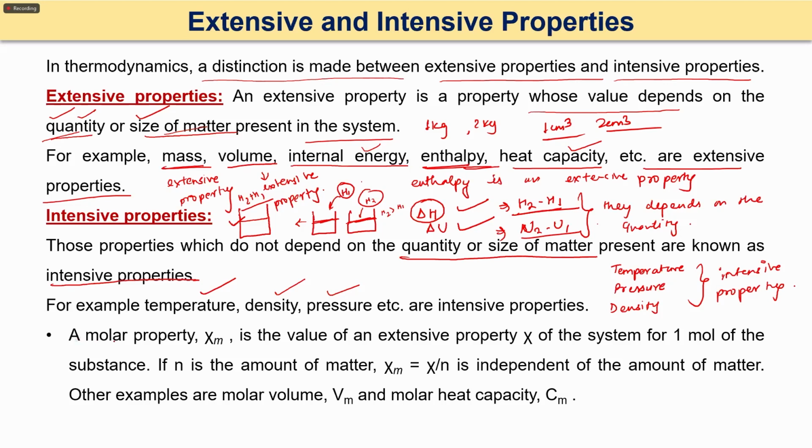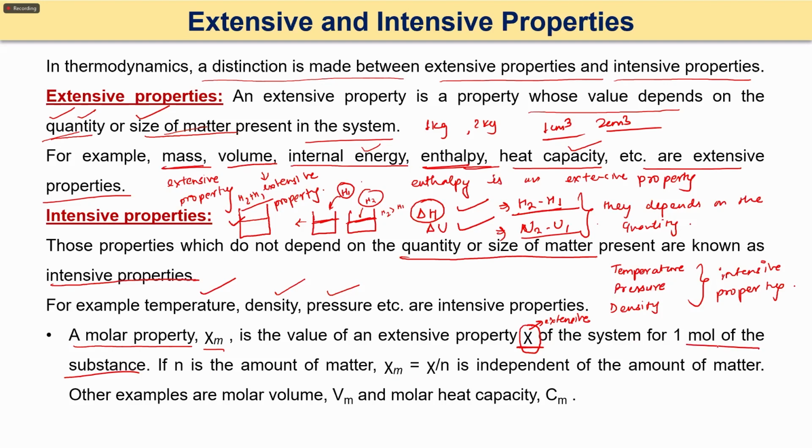Now it is written that a molar property, chi m, is the value of an extensive property. Let's say chi is a property which is extensive. Now if we take the molar value, for 1 mole of substance, that means you are fixing the number of moles.